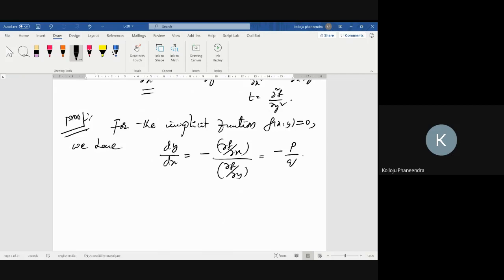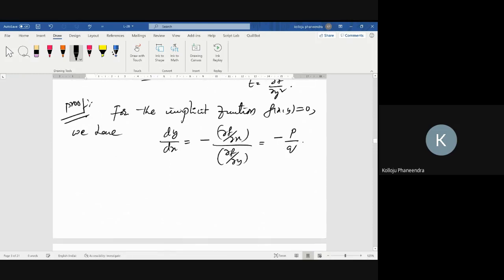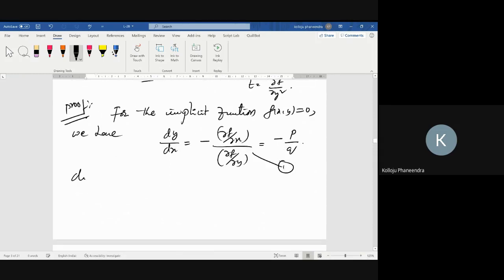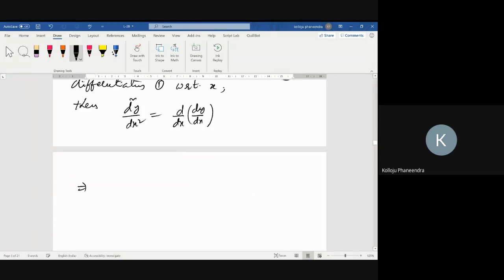Now what is required is d²y/dx². So take this as equation 1 and differentiate it again with respect to x. Then d²y/dx² is d/dx of dy/dx, which is d/dx of minus ∂f/∂x by ∂f/∂y.